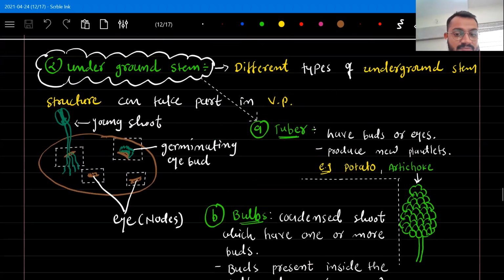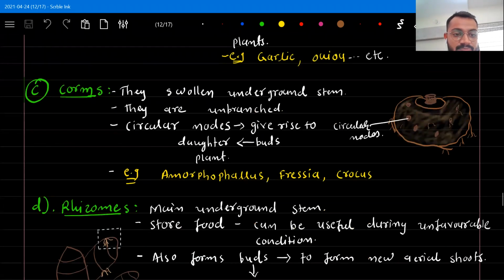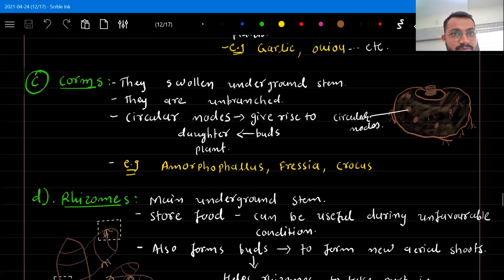Now in underground stem, the third type is corms. Corms, like the ones we call suran or kand, all those corms, and it looks like this. So they are swollen underground stems. They are majorly round in shape.